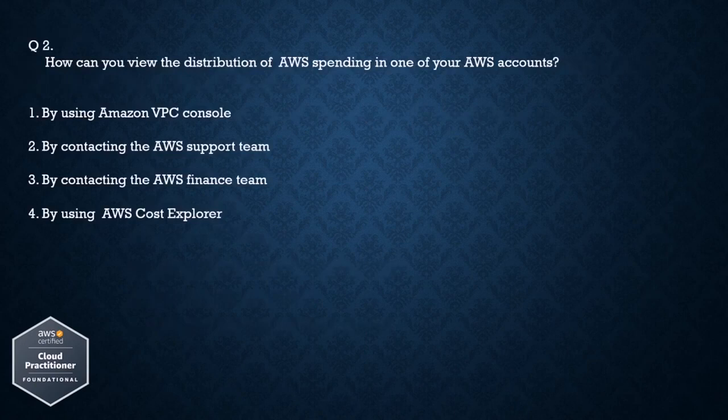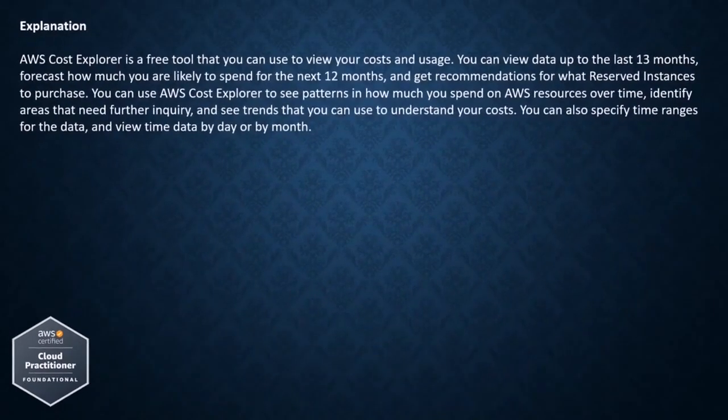Question number 2. How can you view the distribution of AWS spending in one of your AWS accounts? The correct answer is, by using AWS Cost Explorer. Explanation. AWS Cost Explorer is a free tool that you can use to view your costs and usage.